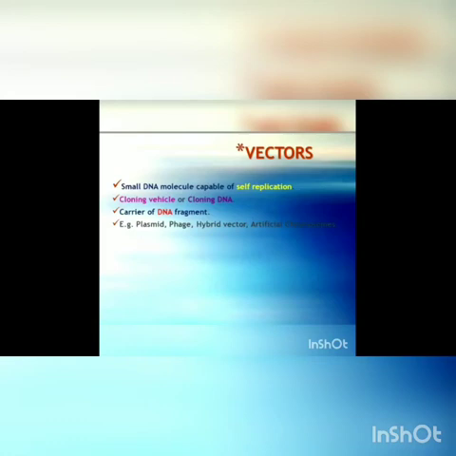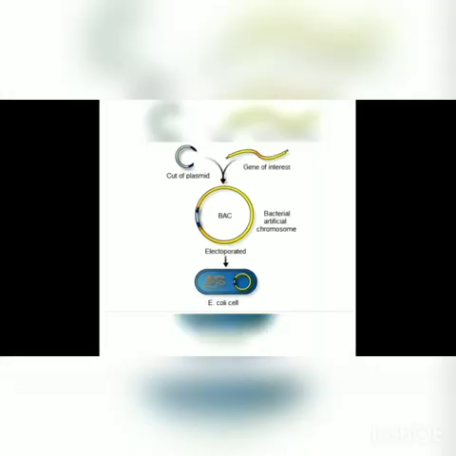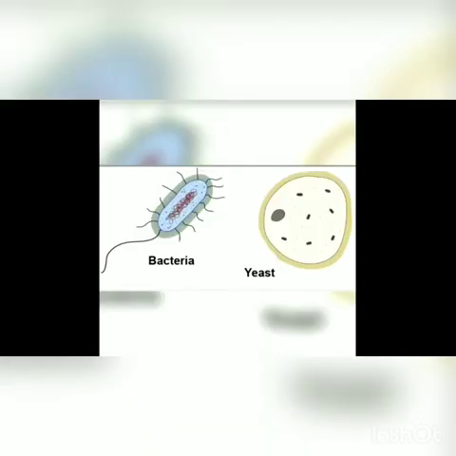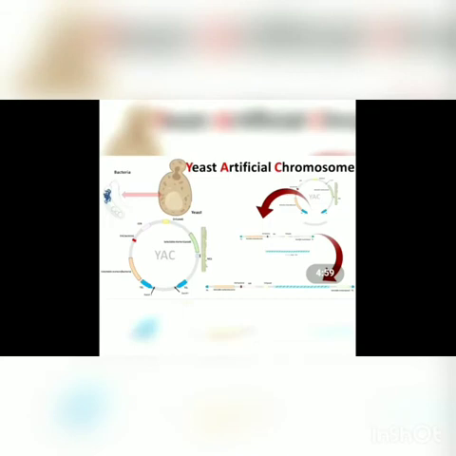This cloning results in amplification of pieces of DNA fragments so that they could subsequently be sequenced with ease. Bacteria and yeast are the two commonly used hosts, and these vectors are called BAC and YAC, that is, bacterial artificial chromosome and yeast artificial chromosome.